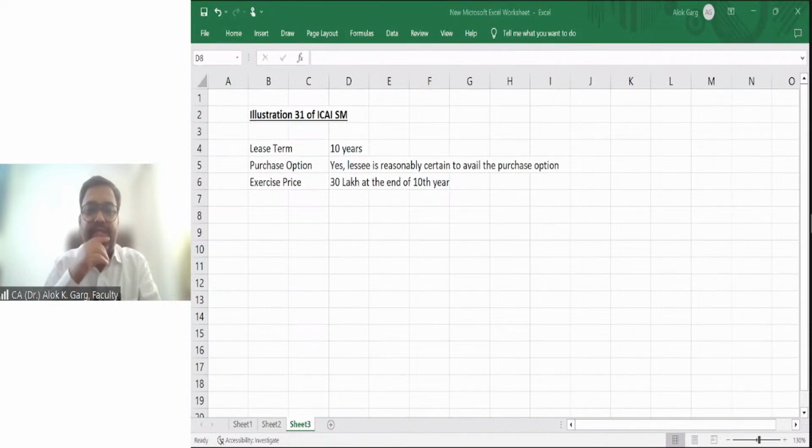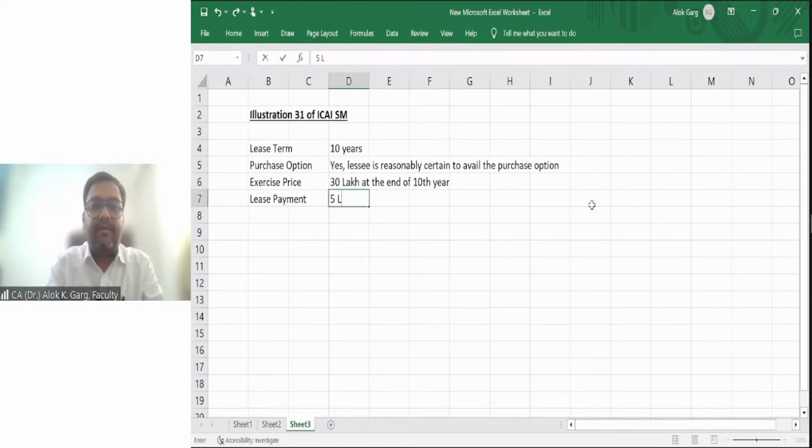What else is given in the question? The lease payment is given, which is 5 lakh, increased by 3% every year. The lease incentive is also given in the question.